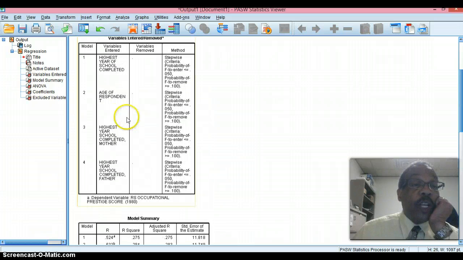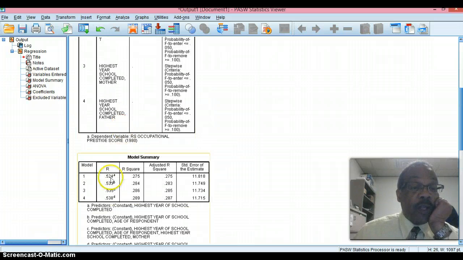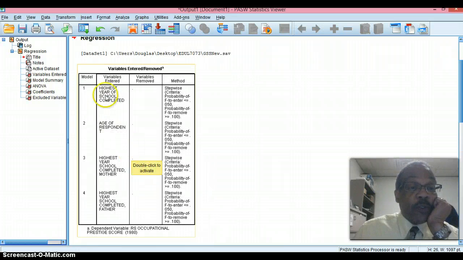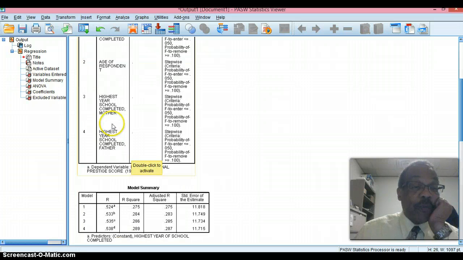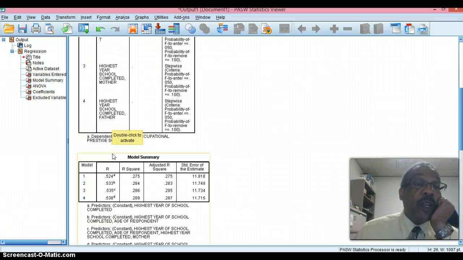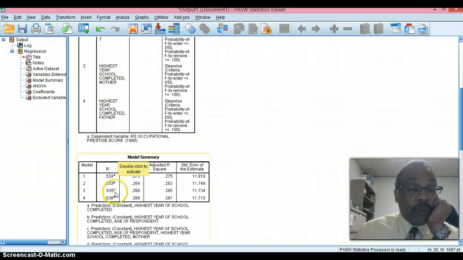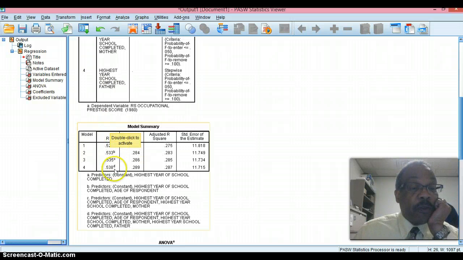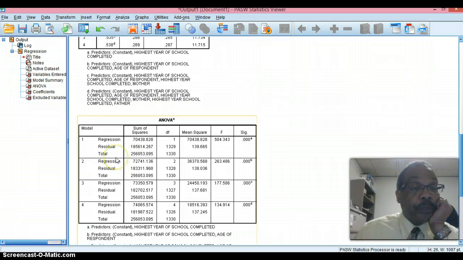If we use only highest year of school completed, the correlation is 0.524. If we use highest year school completed plus age of respondent, that's what 2 is, it increases to 0.533. If we include the third, it jumps to 0.535, and if we include all 4, it jumps to 0.538.